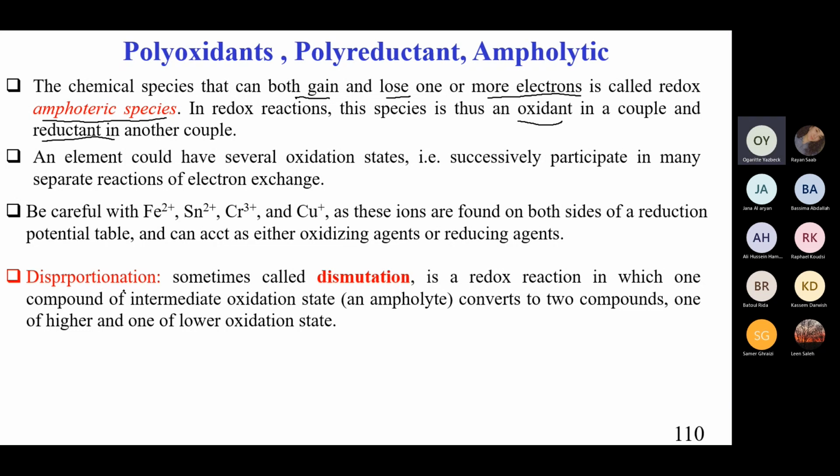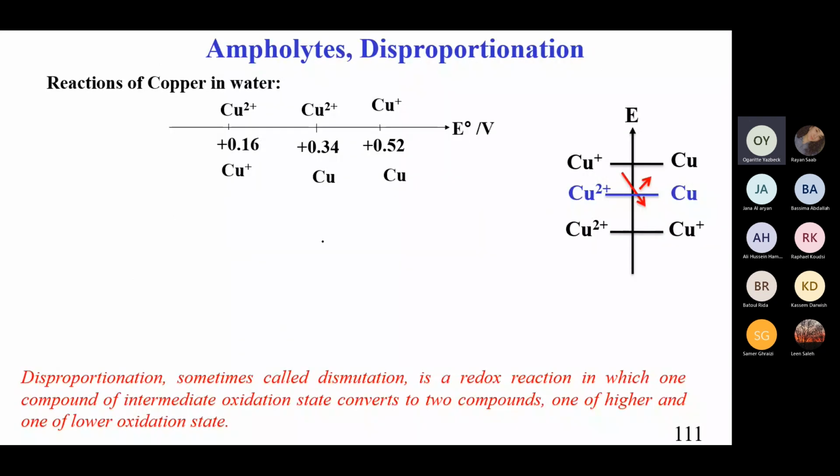A disproportionation, also called a dismutation, is a redox reaction in which one compound of intermediate oxidation state, an ampholyte, converts to two compounds, one of higher and one of lower oxidation state. Let's discuss exactly what we've been talking about. Let's look at copper plus, for example.